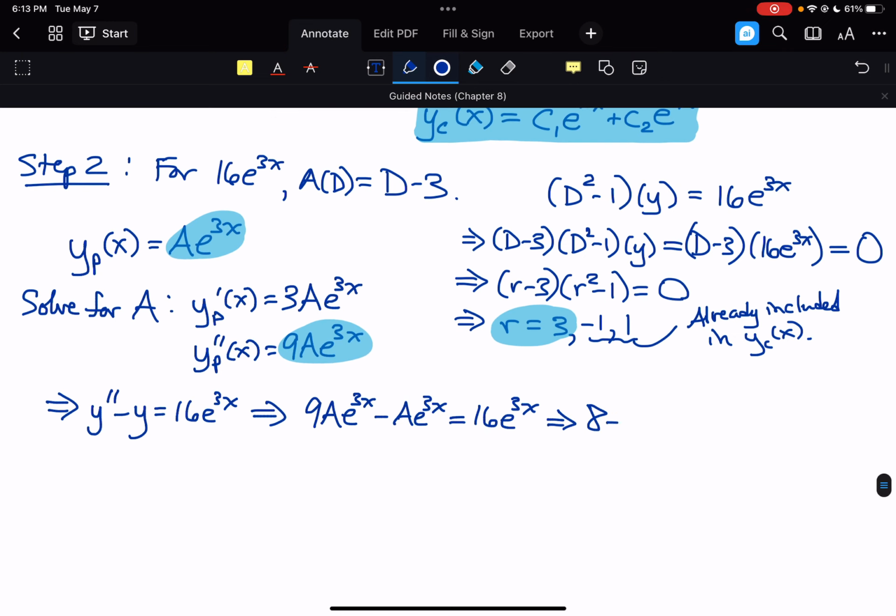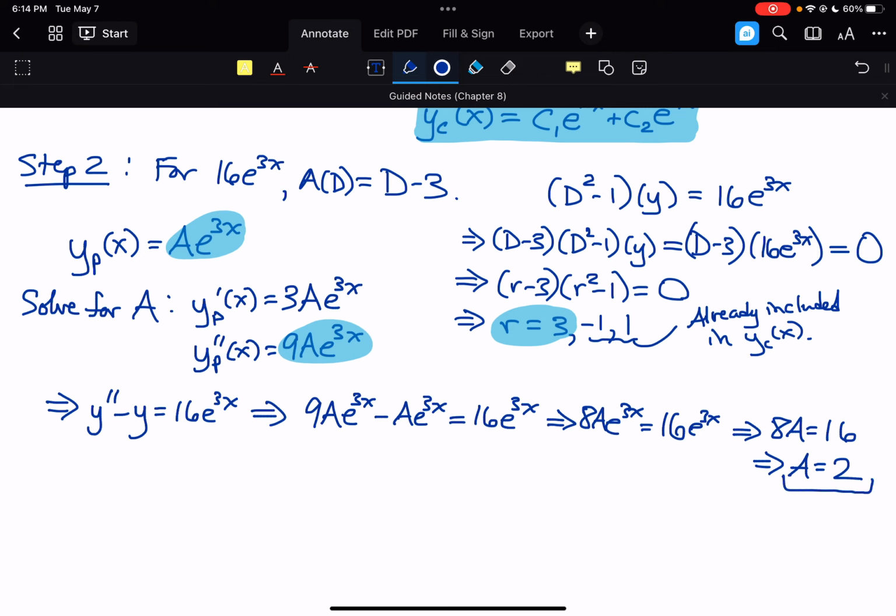So we have 8a e to the 3x equals 16 e to the 3x. So for those to be equal, 8a must be equal to 16. So a has to be 2.